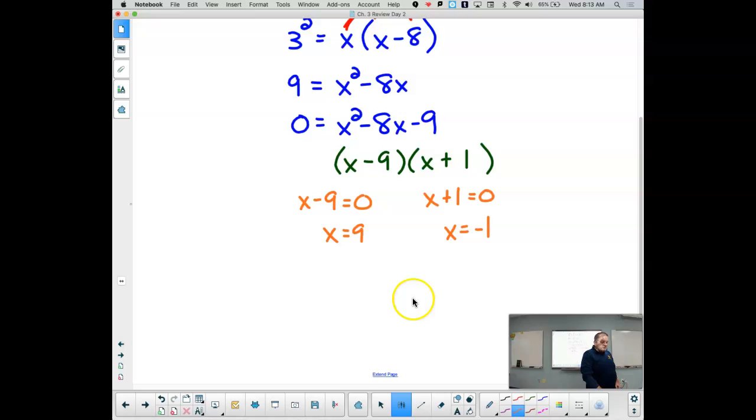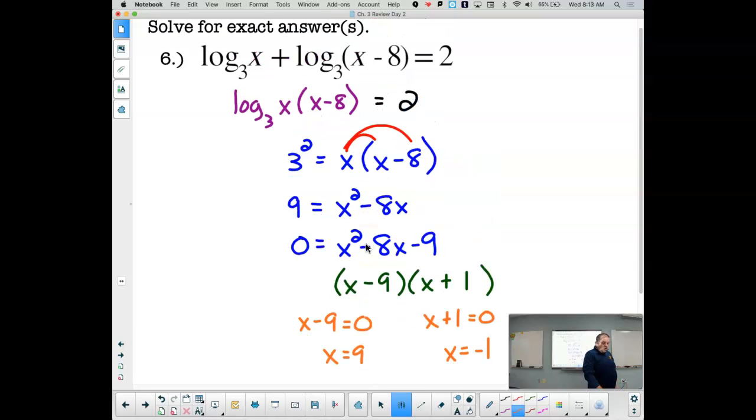Since I have 2 answers, I'm going to go back to my original equation and test them out. If I test 9, I would have log base 3 of 9. What exponent do I put on 3 to get 9?